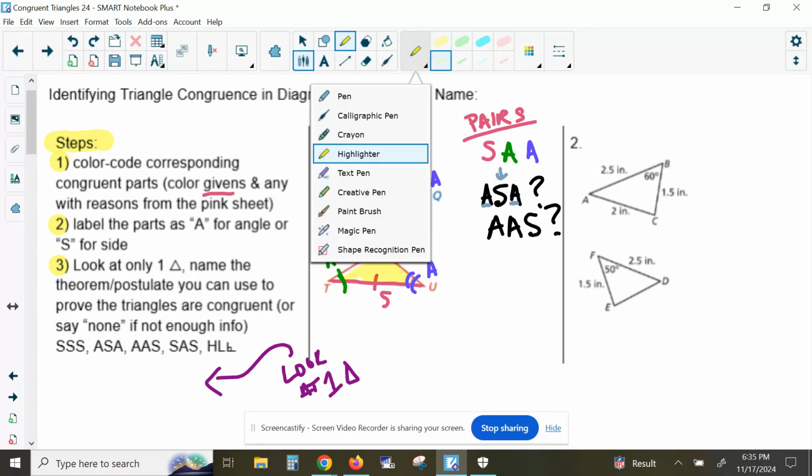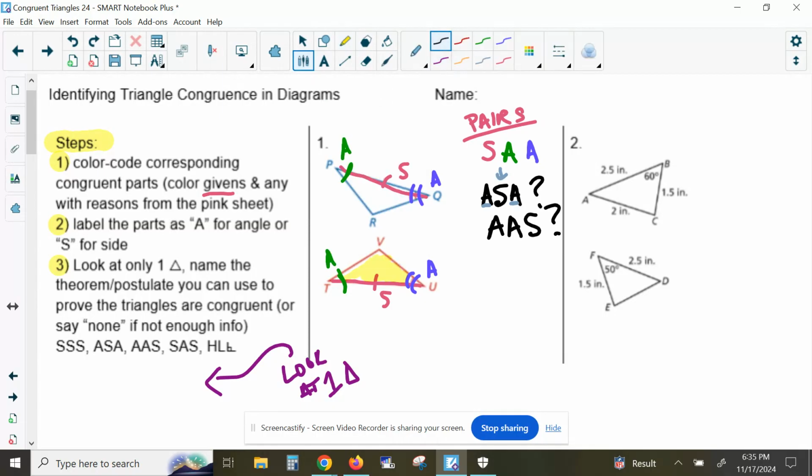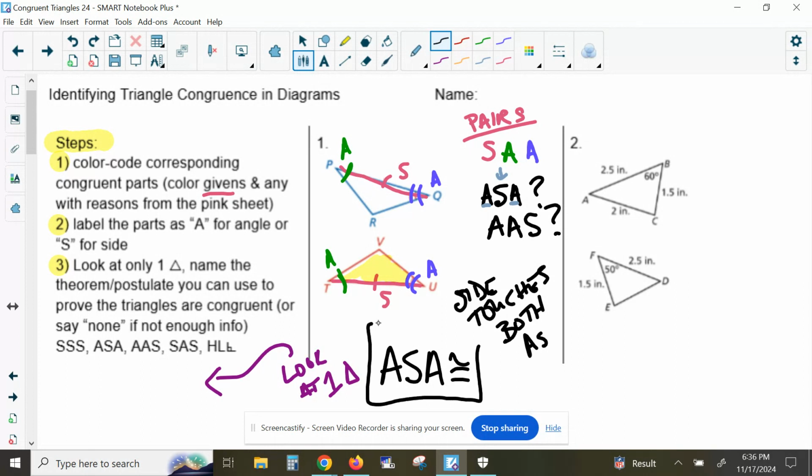So since it's touching both, the side touches both A's. So that means it's going to be the angle, side, angle congruence. So the answer to this one is angle, side, angle.